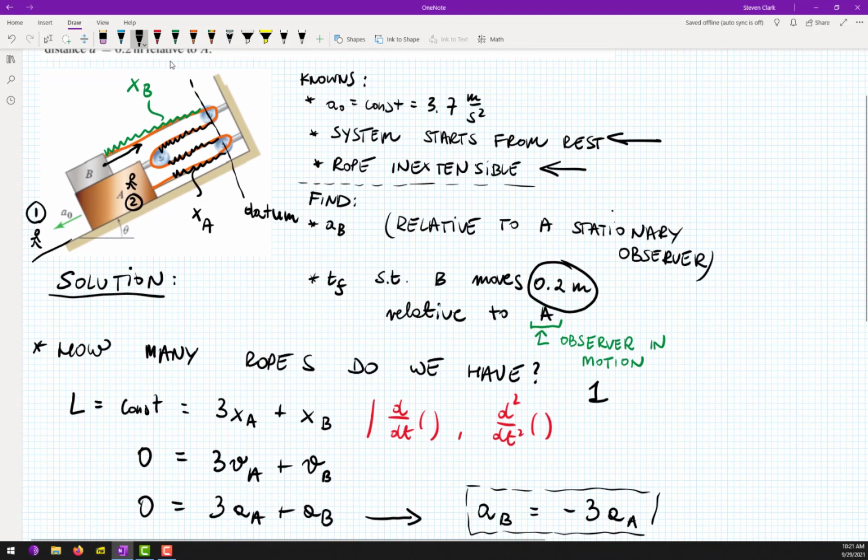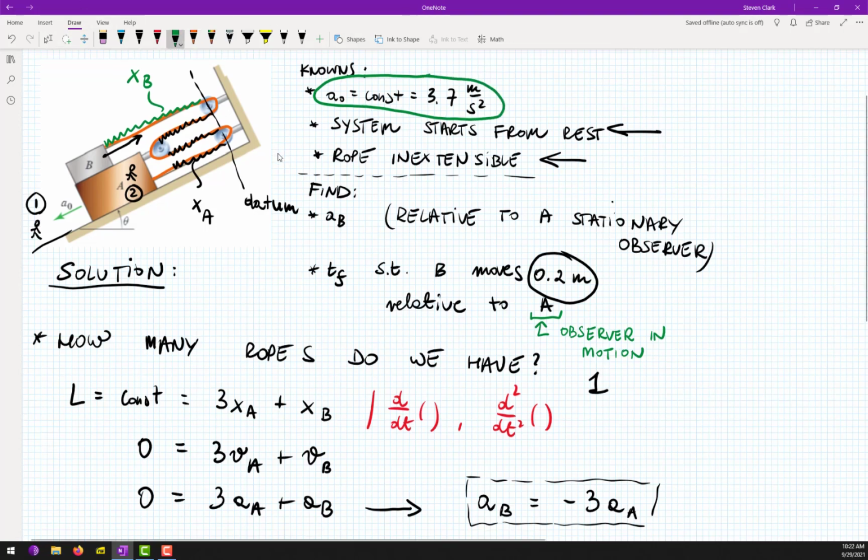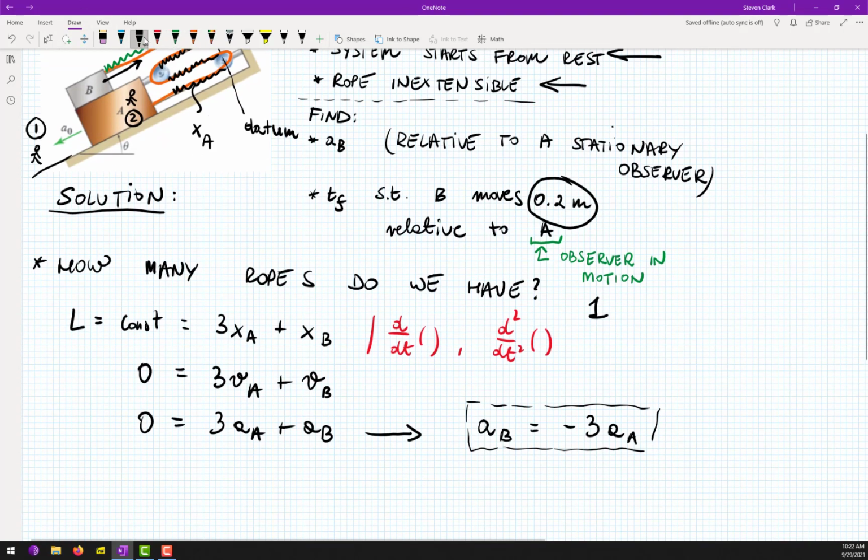By the way, AA is A0 and it's constant. They told us that information here. So we can already find AB. AB is equal to negative 3 A0, and this is also constant, because A0 was constant.